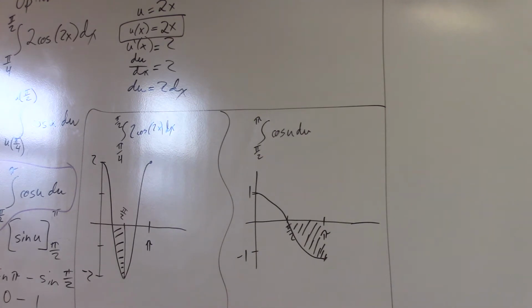I get that, because that's what cosine looks like, right? And is that also -1?